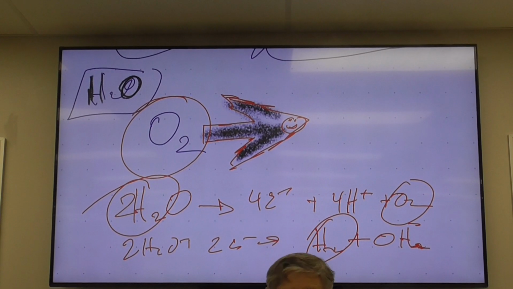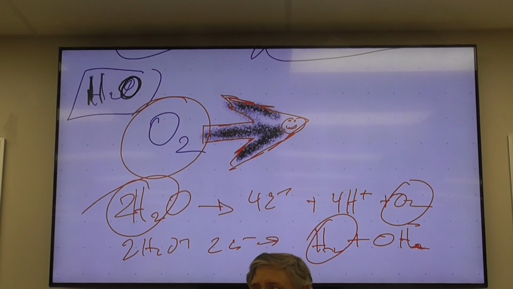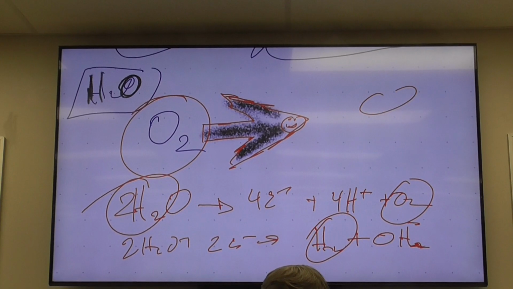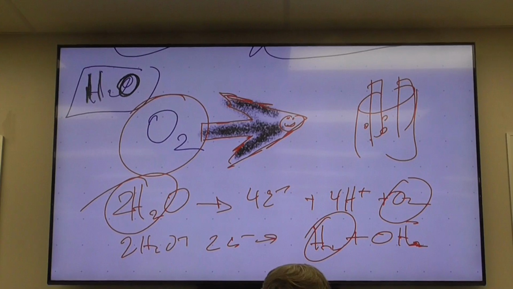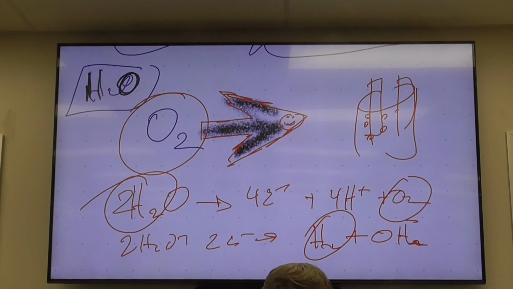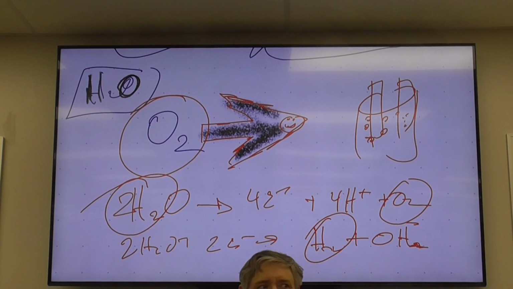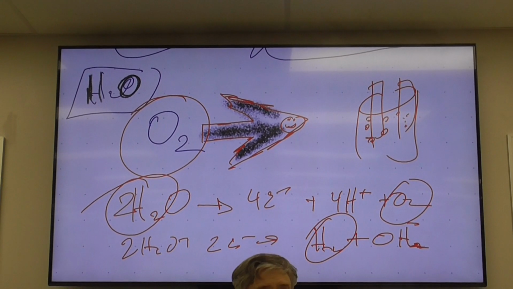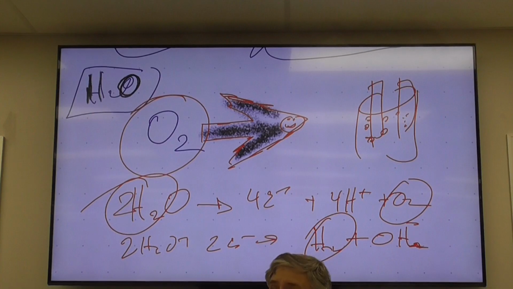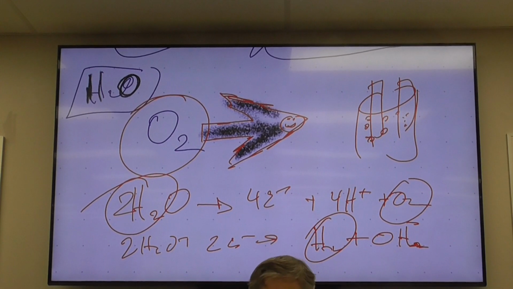You're gonna get twice as much hydrogen as you do oxygen. So if you have a solution and you have those electrodes in there, the one that's producing more bubbles, guess what? That's the one that's producing hydrogen. The one that's producing less bubbles is gonna produce your oxygen.